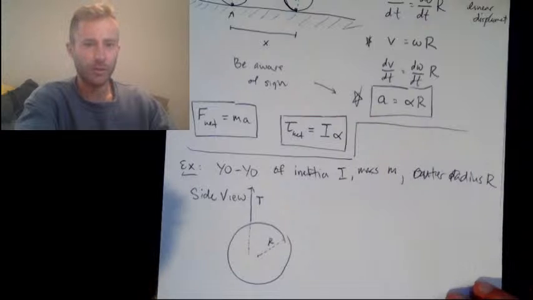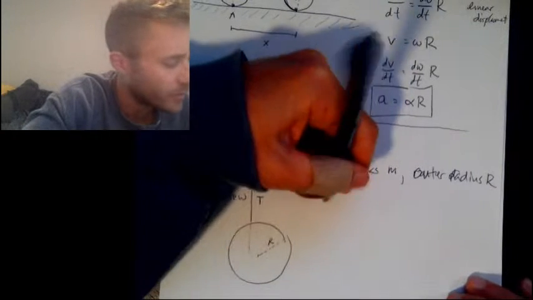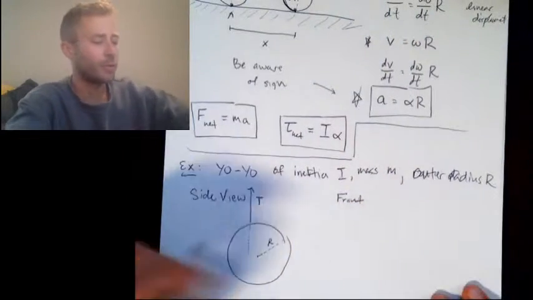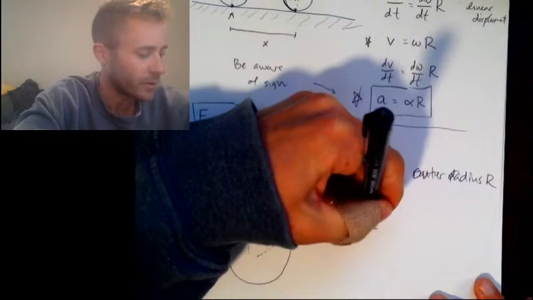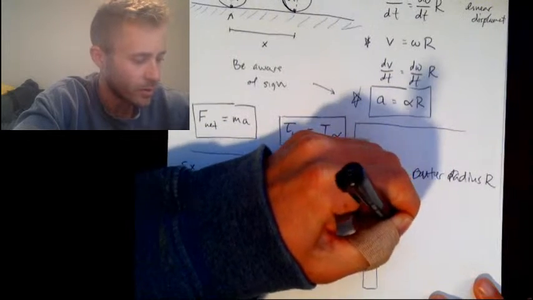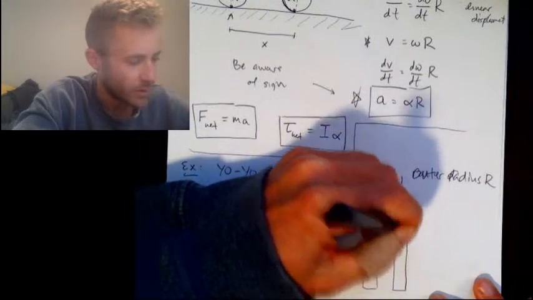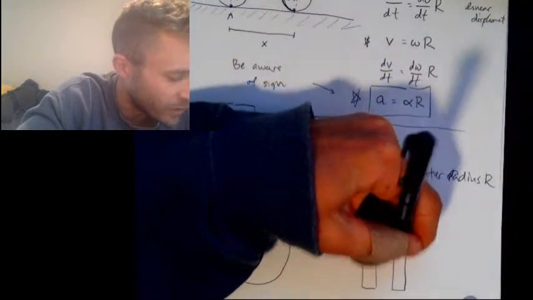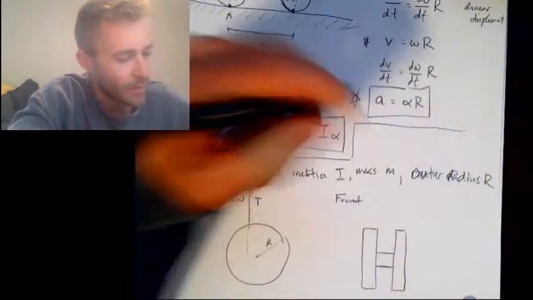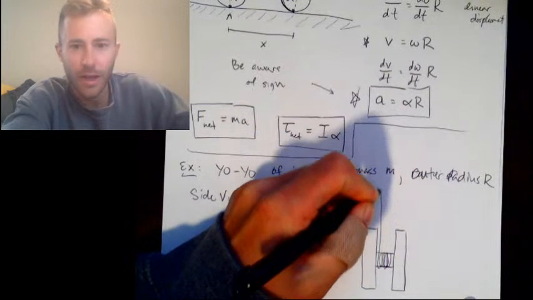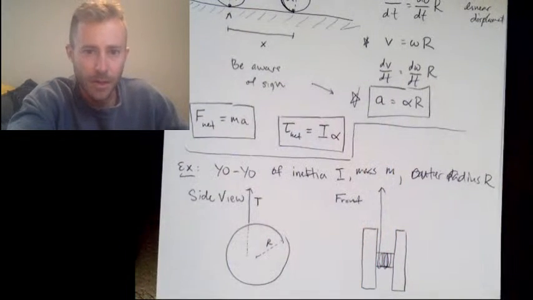Then we also could think about looking at the yo-yo from a front view. If we were to look at a yo-yo from the front, it's kind of like two wheels, all right? And then there's that inner wheel in the center that the string is actually wrapped around like that, okay?